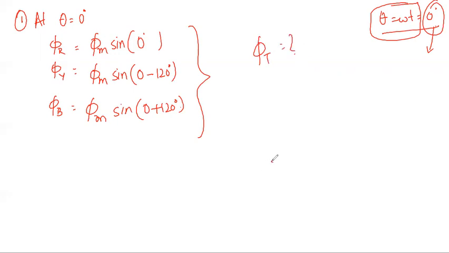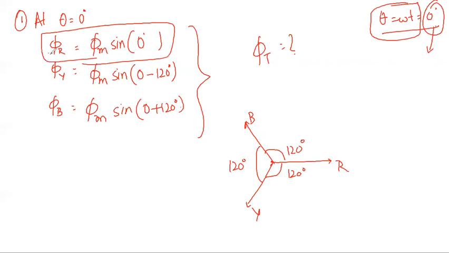So if you can draw the vector diagram, R, Y, and B phase, all the 3 phases are said to be having a 120 degree displacement with respect to each other. So now, sine 0 is said to be 0. So phi R is said to be 0.